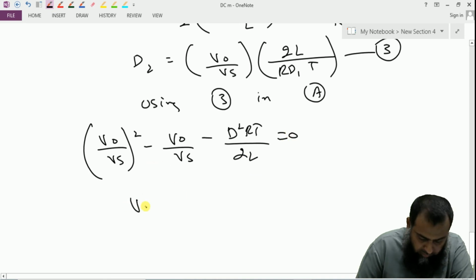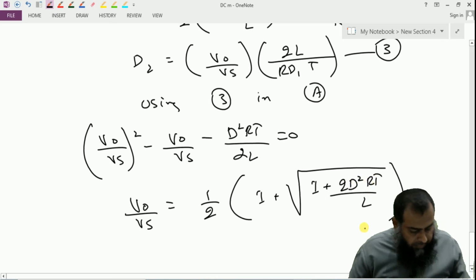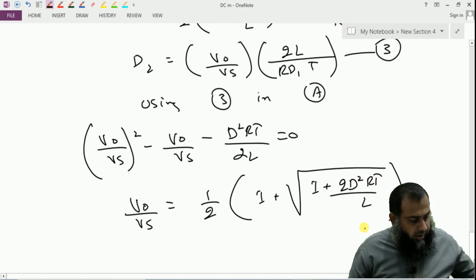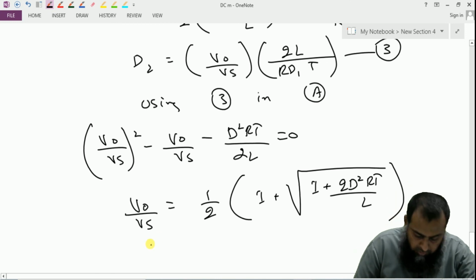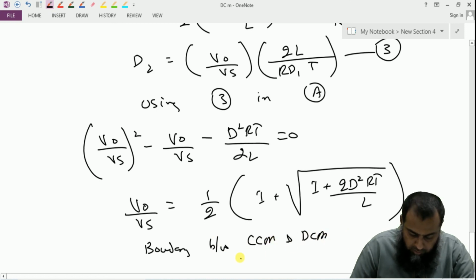Solving for V naught over Vs, that is equal to half into 1 plus under root 1 plus 2 D squared RT over L. And the boundary between the CCM and the DCM mode comes when we have D2 equals 1 minus D1.